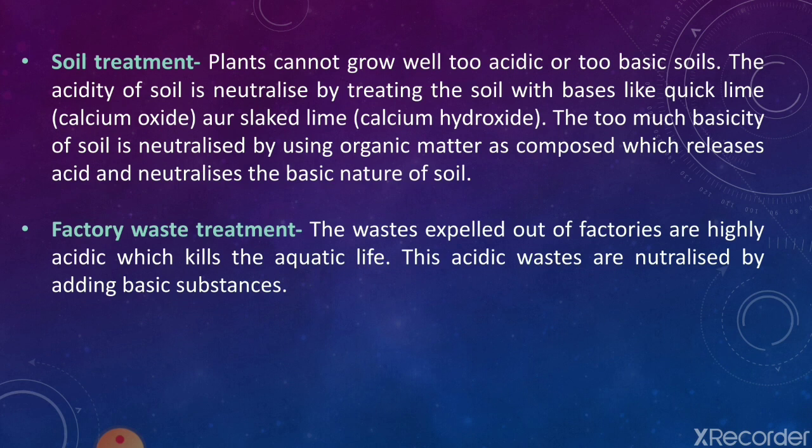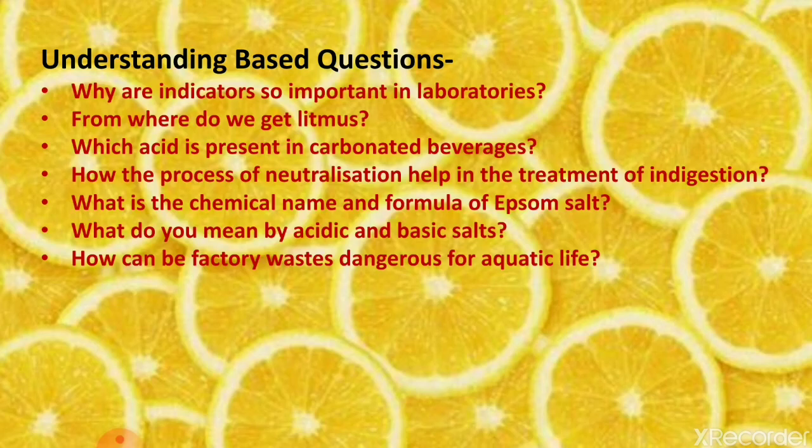So these are the applications of neutralization reaction that occur in our daily life. This is all about our fifth chapter, acids, bases and salts. We have studied acids, their properties, classification and applications. We have studied bases, their classification, properties and applications.